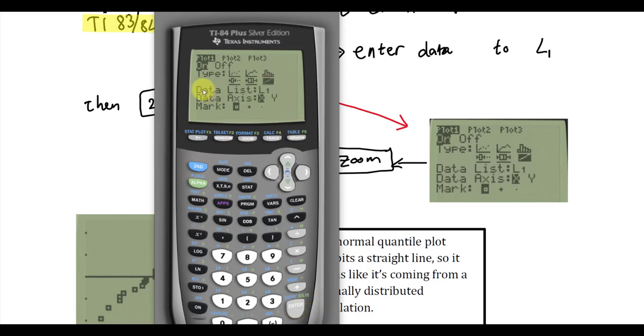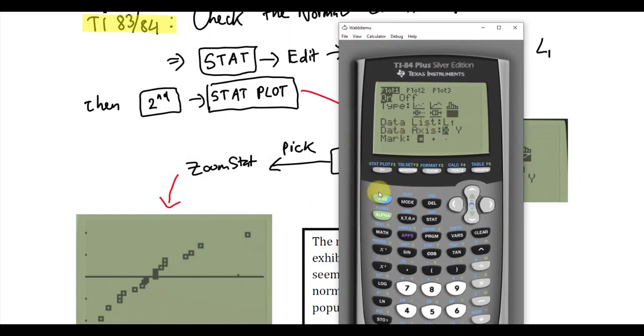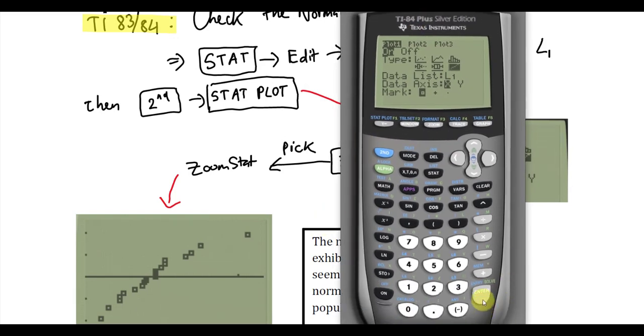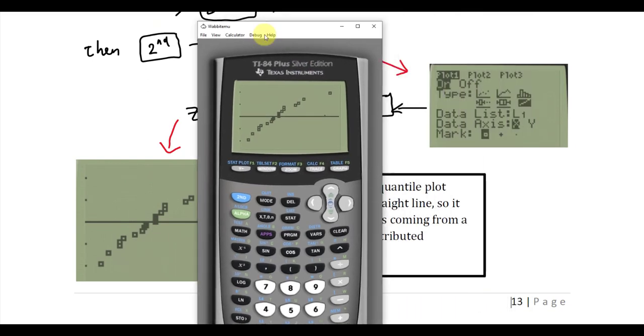So click that, and we use the data that we entered in the list L1, and the data axis is your x-axis, and then you're going to enter. So make sure you choose all the values, and then now you're going to go to zoom, and choose option number 9, ZoomStat, so that it will plot the normal probability plot.